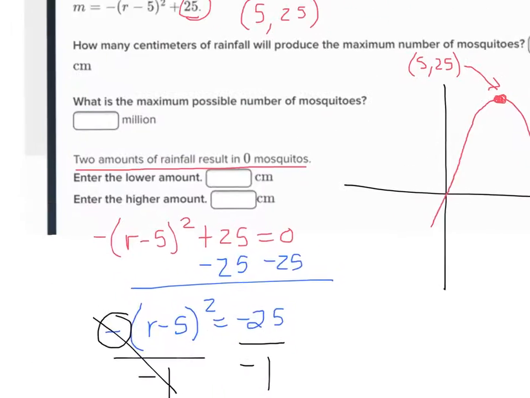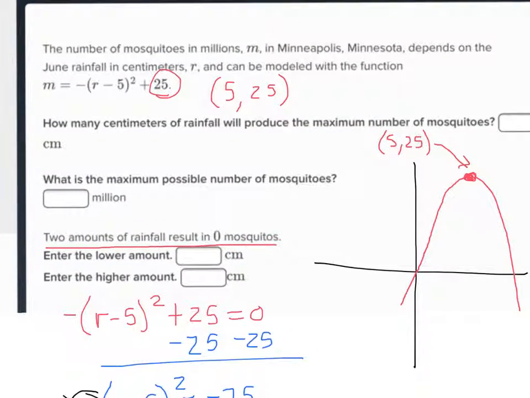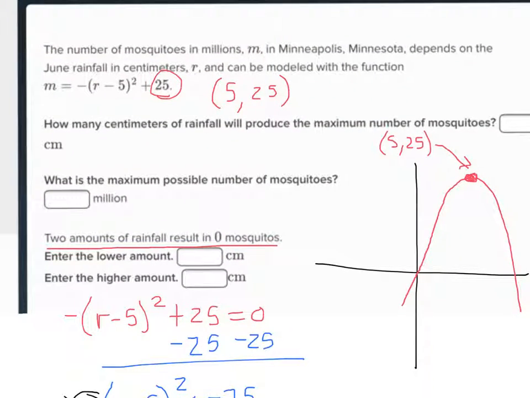And so now let's go back up to the question. And I know that my vertex is right there. That's my vertex. And I know that my solutions, my x-intercepts, are at 0 and at 10. So now let's read the question and see if we can answer it. How many centimeters of rainfall will produce the maximum number of mosquitoes?